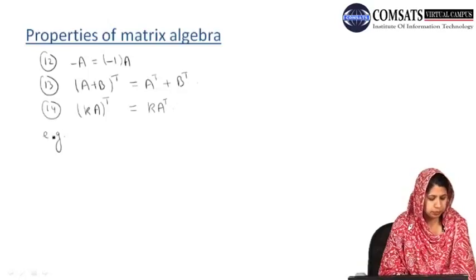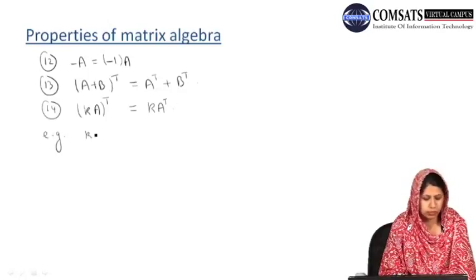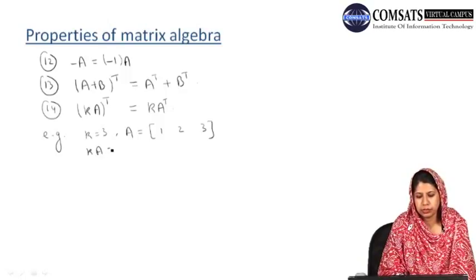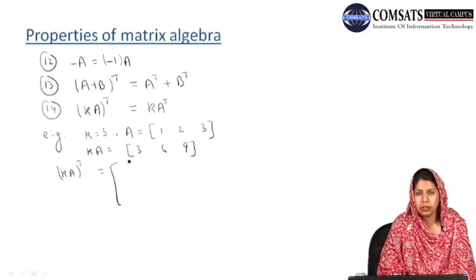For example, if our k is equal to 3 and our matrix A is a row matrix 1, 2, 3, then kA will be equal to 3, 6, 9. First we are solving the left hand side. The transpose will be a column matrix 3, 6, 9.